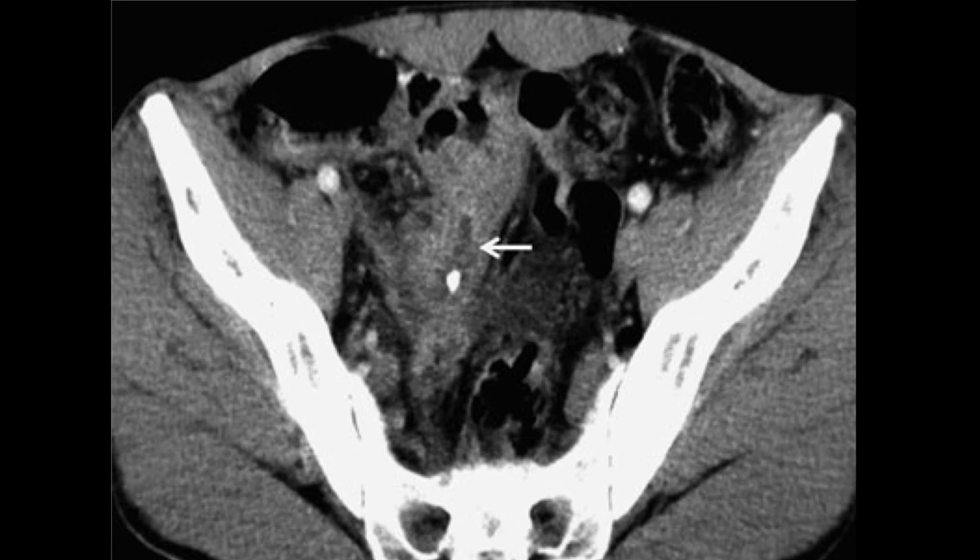The surrounding fat appears hyperdense, which is nothing but fat stranding. Fat stranding is a classical sign that we see in any inflammation in the abdomen. So this is a case of acute appendicitis.